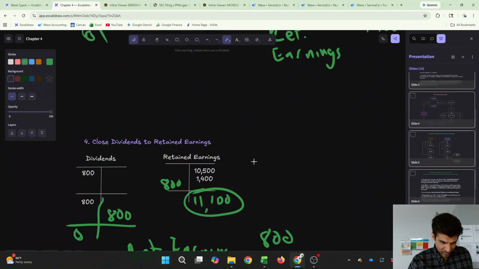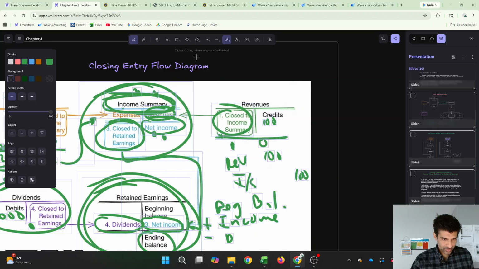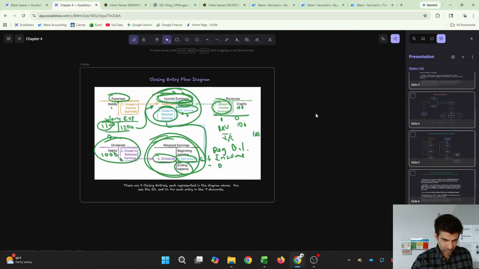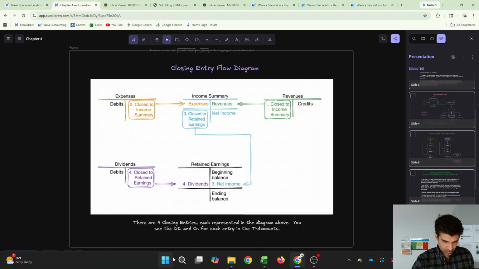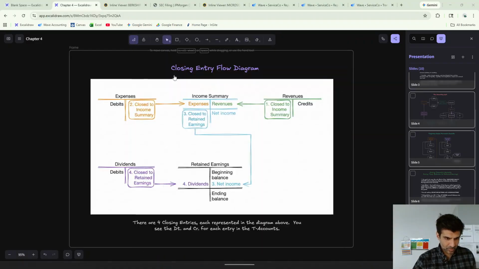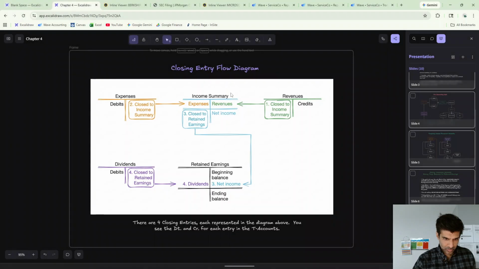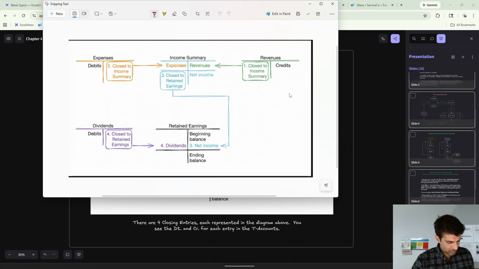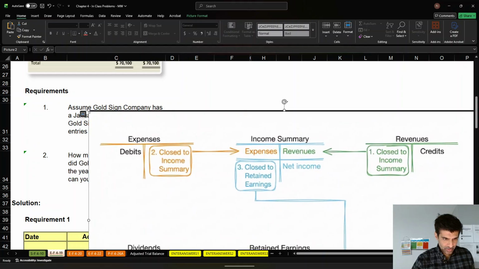Maybe I'll copy this diagram, which is all messed up. I'll put this on the spreadsheet here, and it can help guide you.